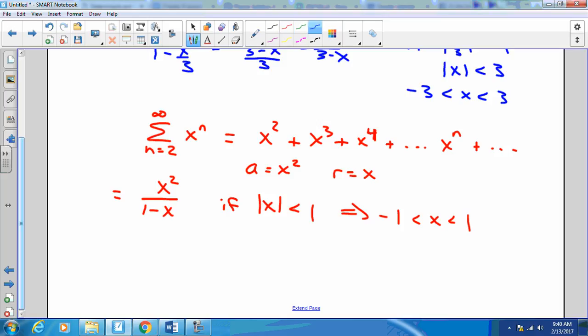And if I consider this to be an example of index shifting, I could rewrite this by moving my index down by 2. So the starting index is going to go down by 2. But now to compensate in the form here, I need to increase all my references to n by 2.